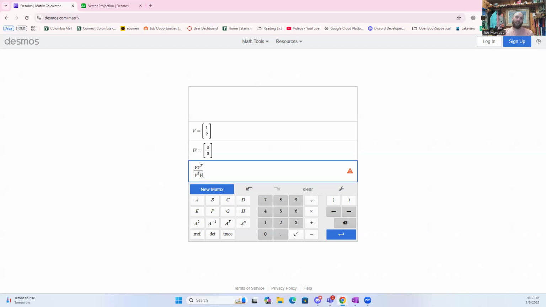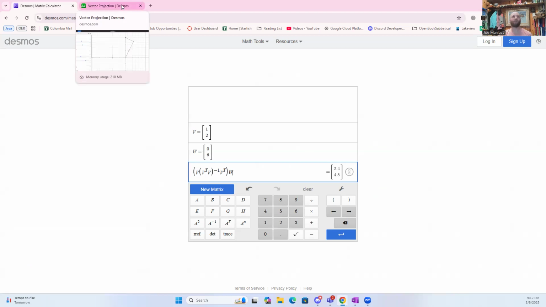Oh, that's so whiny. v transpose v is clearly a scalar, friends. Okay, so I'm going to skip ahead a lesson here and put in v transpose v's inverse. And then I'm going to project w here. So this whole beginning thing is my projection matrix, and w here is the vector I'm projecting. So I've got 2.4 and 4.8.